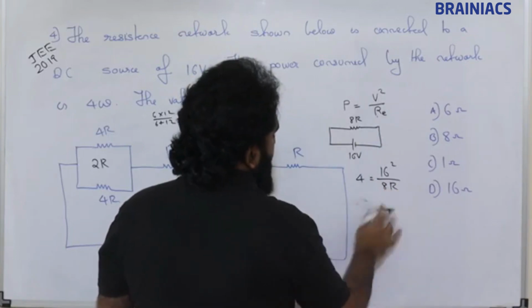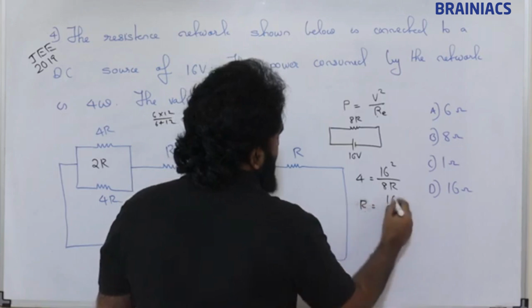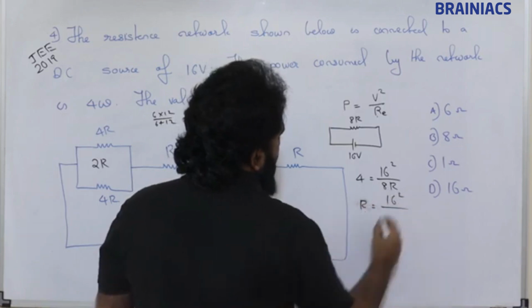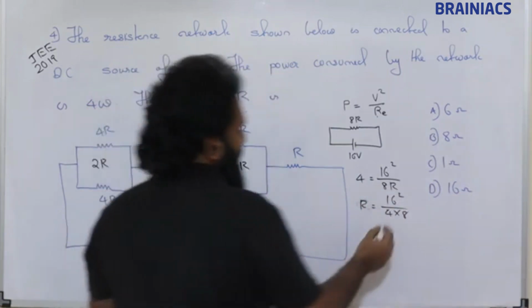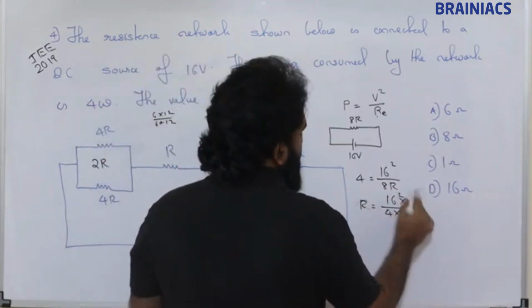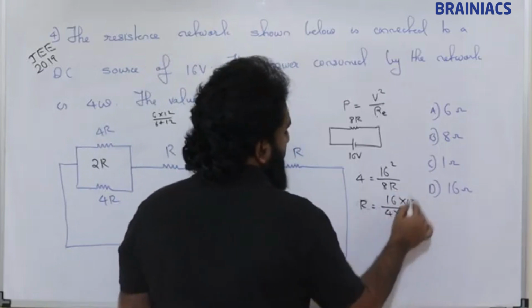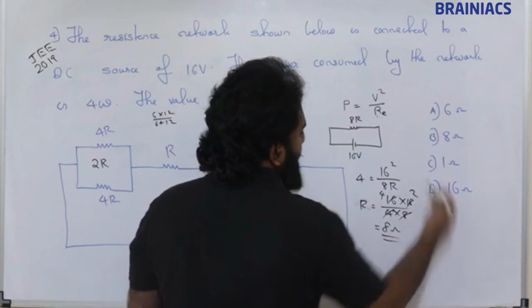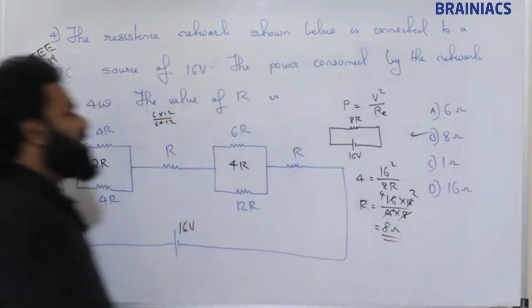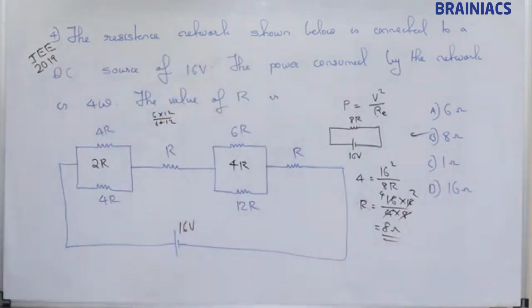So R is equal to 16 square divided by 4 into 8, which is going to be 8 ohm. So B is the answer. Clear? Understood?